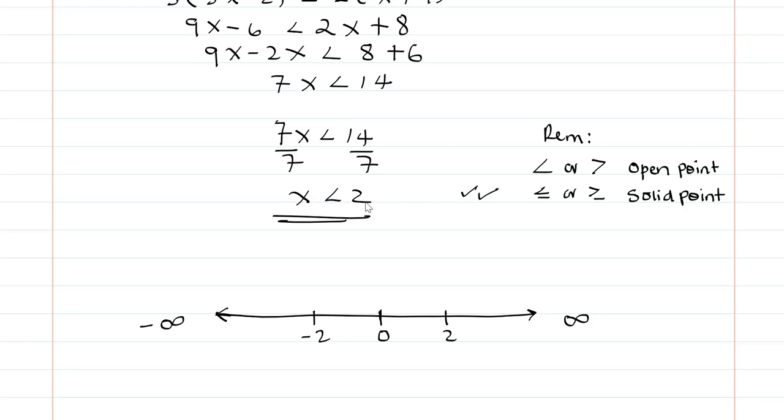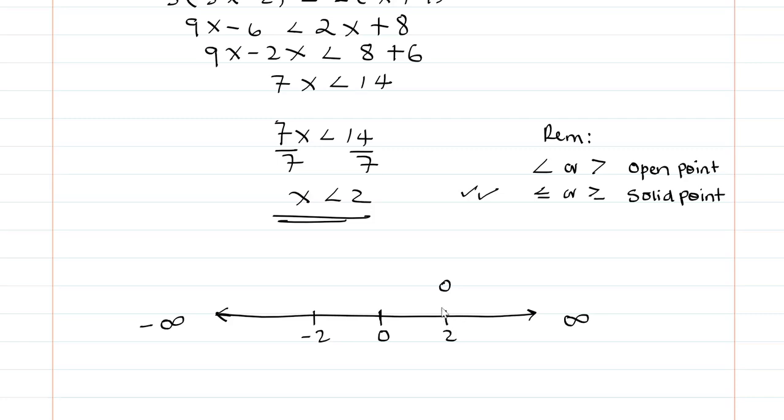So from here, our variable x is less than 2. It is simply less than 2. So that is positive 2, so you come to 2. But remember, if it is just less than, then we use an open point on 2. So here we shall have an open circle on 2. That means 2 is not inclusive, but there is a number very close to 2, like 1.9999.